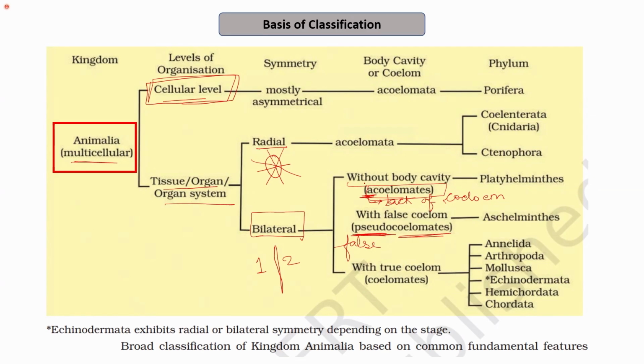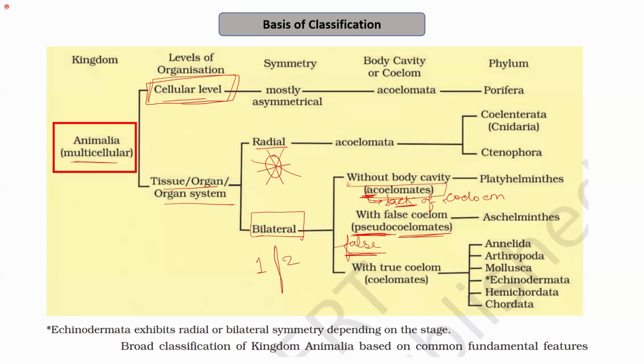So we will learn about the organisms that are acoelomates, that is, the organisms that do not have a coelom or body cavity, and the organisms that have a false body cavity.